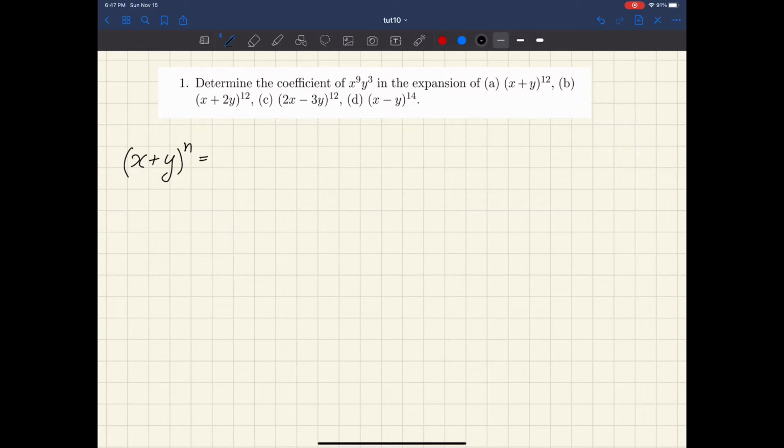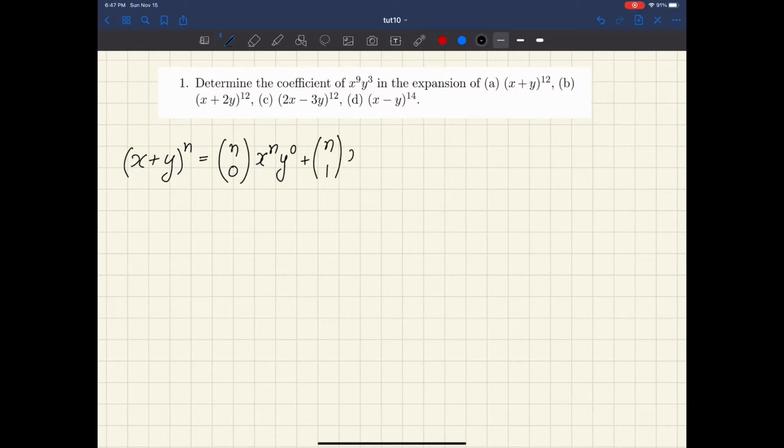So let's just write down the expansion. (x plus y) to the power n is equal to nC0 x to the power n y to the power 0. So this nC0 is the combinatorics.